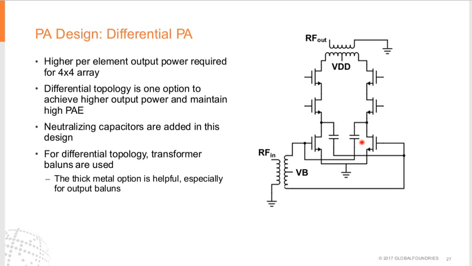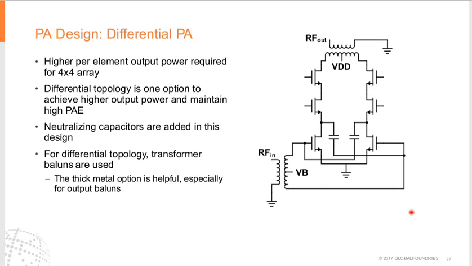If there is unbalance, one side could be forced into saturation, and then the PSAT and the PAE will both drop. So this is very useful for the unbalance of the two single paths of this differential topology. Also, this neutralizer capacitor can cancel the gate-to-drain coupling, so it can improve the gain. It's very helpful for that.